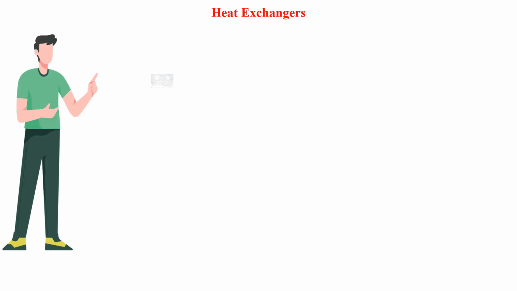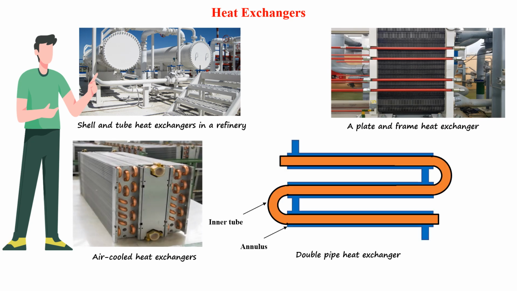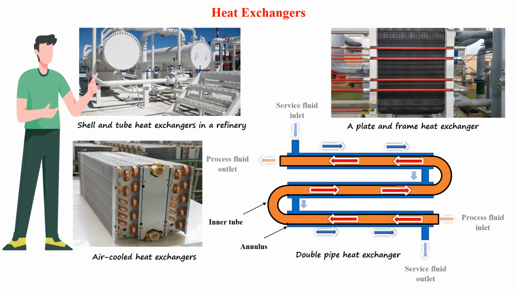Heat exchangers, which have been mentioned before, are used in most industrial applications, and we have passed through these equipment. Shell and tube heat exchanger, plate and frame heat exchanger, air-cooled heat exchanger, and the simplest one, the double pipe heat exchanger.